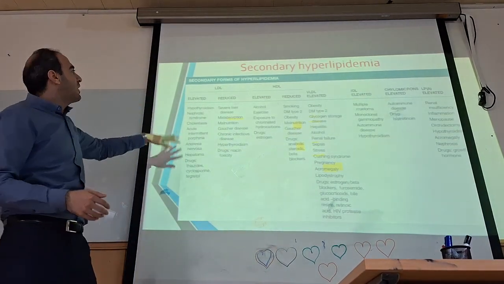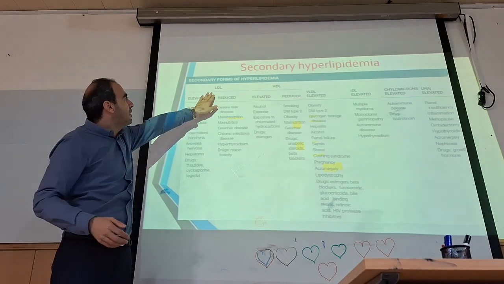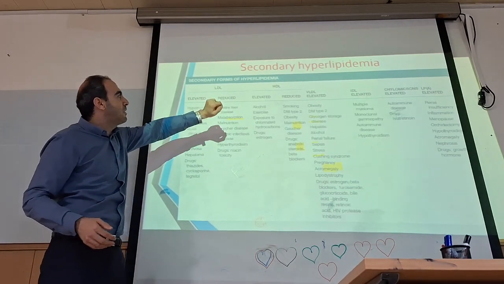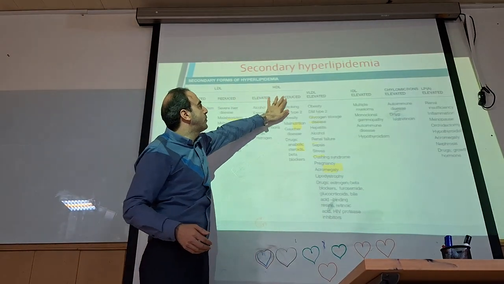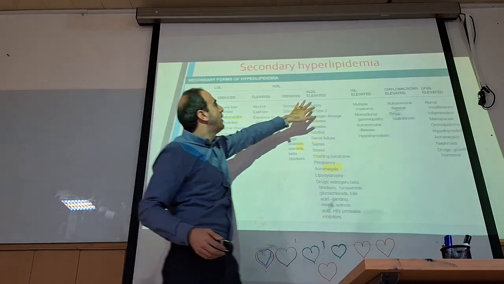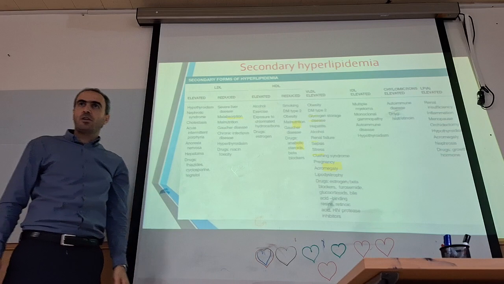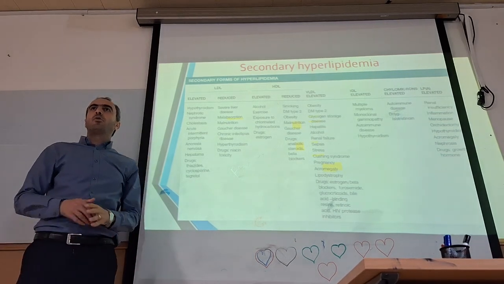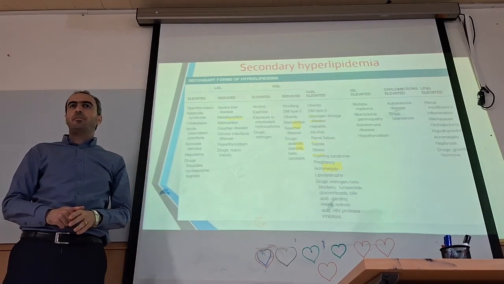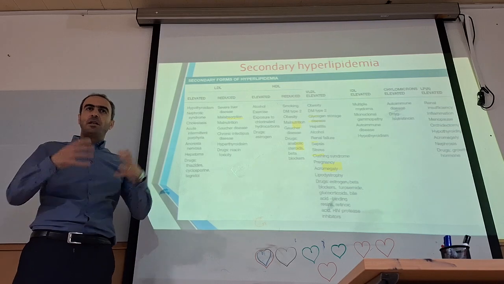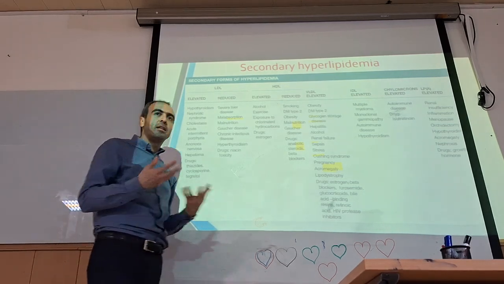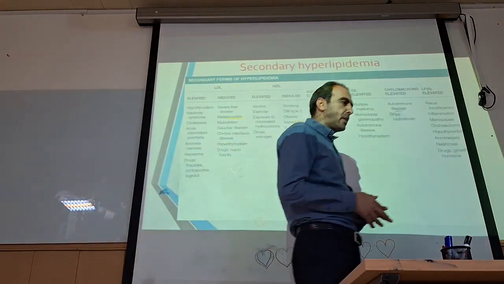In the secondary, we can classify based on increasing or decreasing LDL, elevation or reduction in HDL or VLDL, and also chylomicron. All of them are known as secondary hyperlipidemia. But diabetes, obesity, and liver dysfunction are so important.